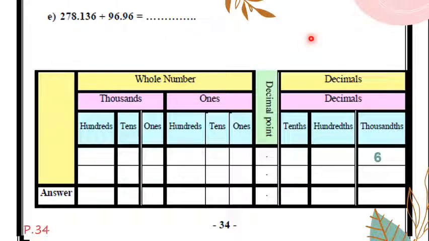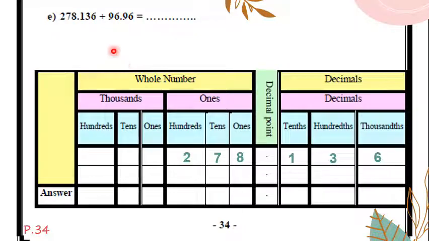Here I'm going to write 6 in the thousandths and 3 here under the hundredths, 1 in the tenths place, decimal point under the decimal point, 8 here under the ones, 7 under the tens, and under the hundreds here I'm going to write 2.